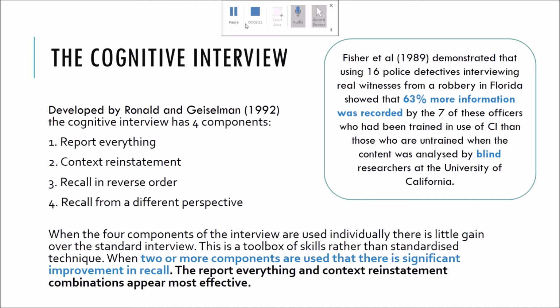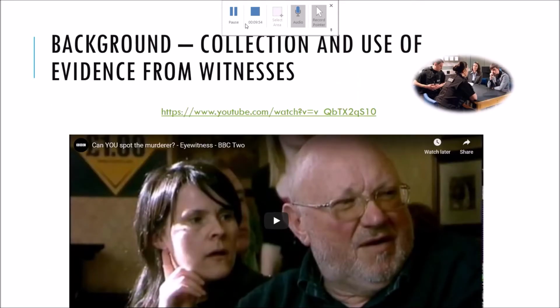But if you try to recall them in reverse order or recall them from the middle and work backwards, or if you're trying to get somebody to give those details from the perspective of somebody else, then that's where that information appears to fall apart a little bit. So it's useful to use the cognitive interview there as well.